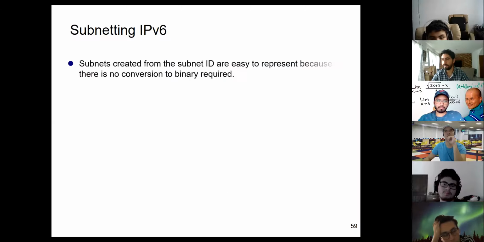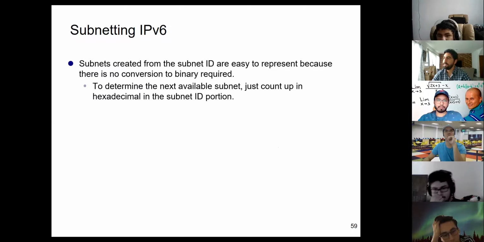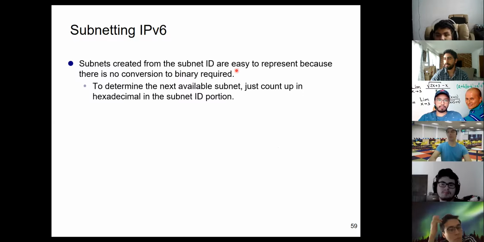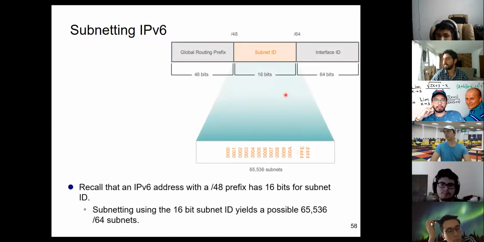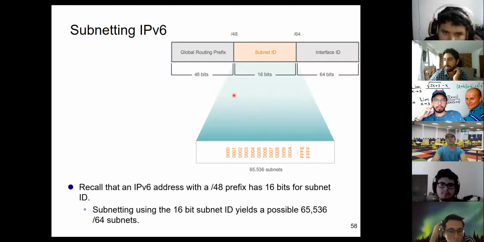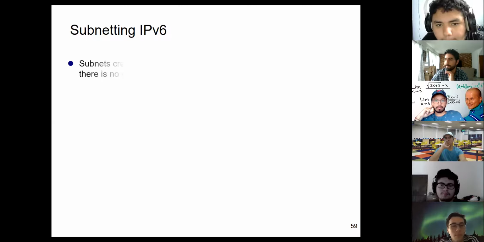We can just go with that. Subnets created from the subnet ID are easy to represent because there is no conversion to binary required. It's not really any of the complication that we had in IPv4. It does not apply here. It's very straightforward when we're talking about IPv6 subnetting.